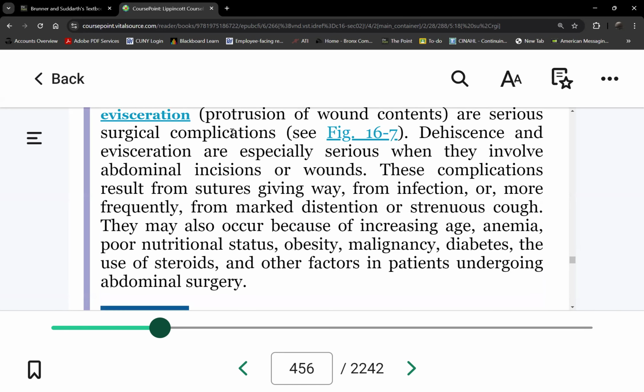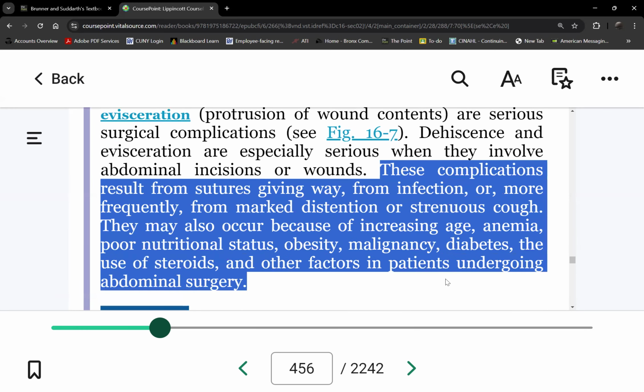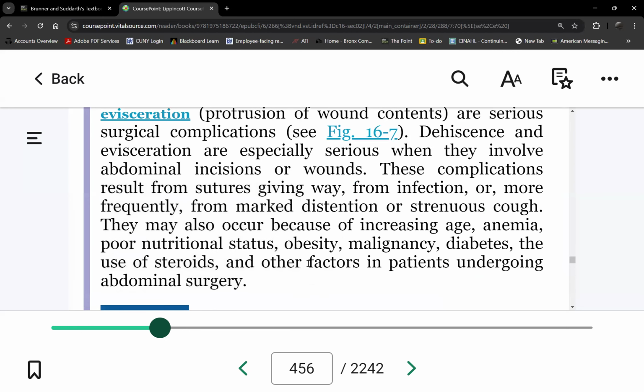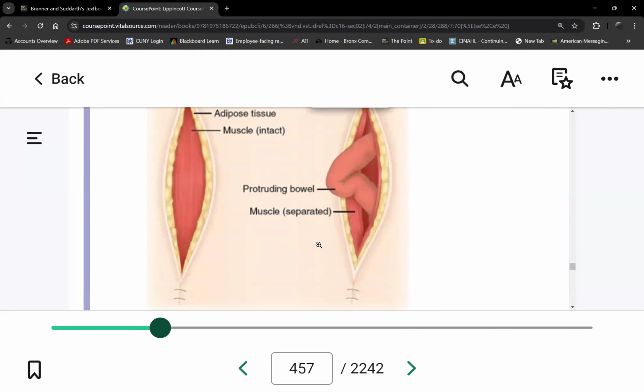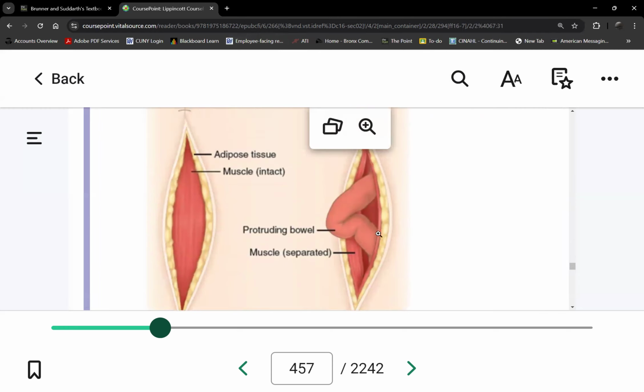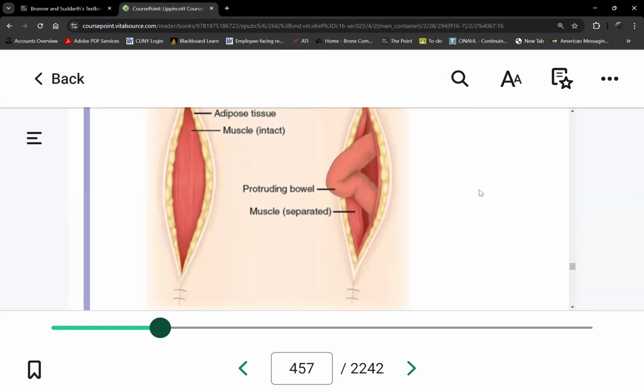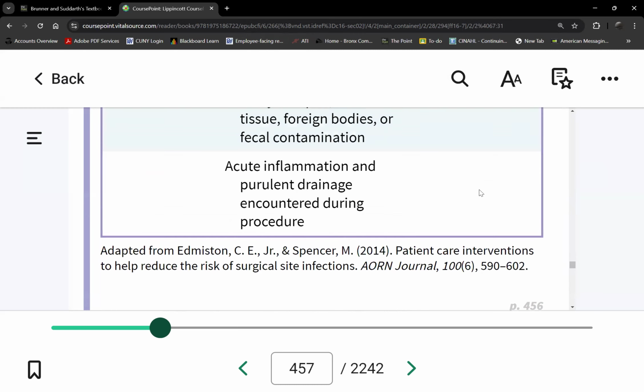So what do we do? Here are the risk factors for dehiscence. This will precipitate it, so that could be a select-all-that-apply question. Let's go to management. What do we do with dehiscence and what do we do with evisceration? Prevention, we already discussed, with straining and preventing coughing.